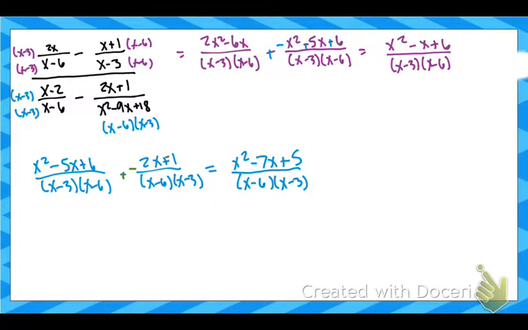Because again, remember, it was just what's in purple divided by what's in blue. So I'm going to rewrite the simplified version of what we had in purple. So that's x squared minus x plus 6, sorry, I can't see it right now because I'm zoomed in.